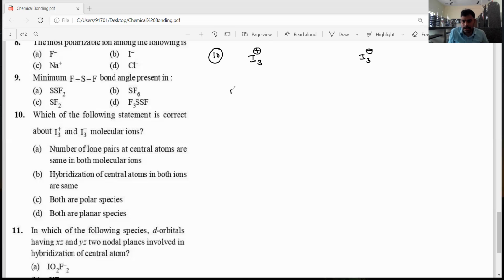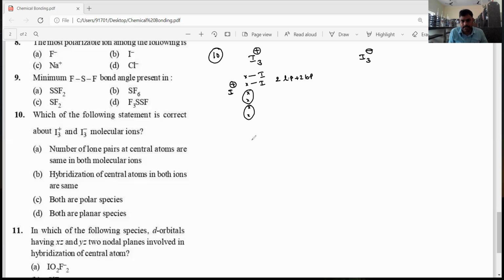So it contains 7 minus 1, 6 valence electrons. Out of that, 2 bonded iodine atoms are present. Then it has 2 lone pairs and 2 bond pairs.